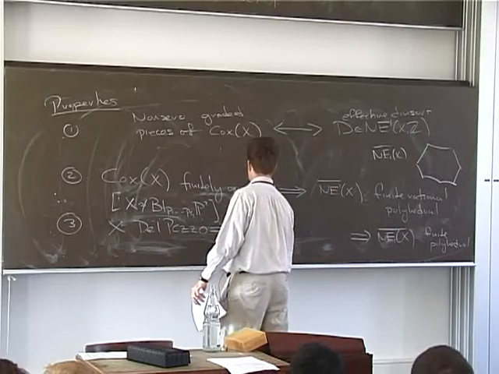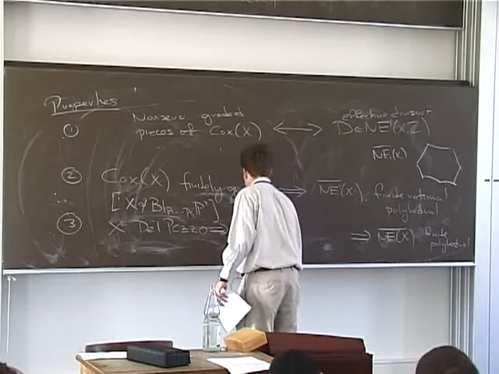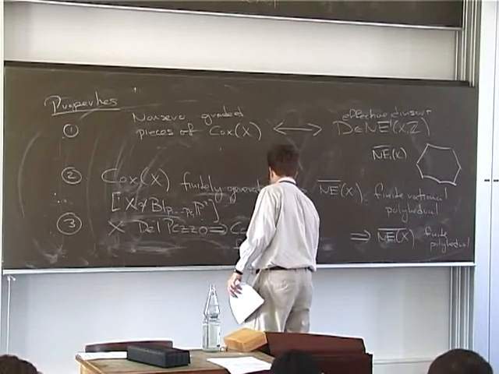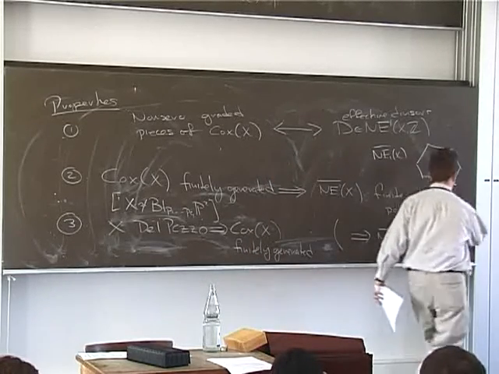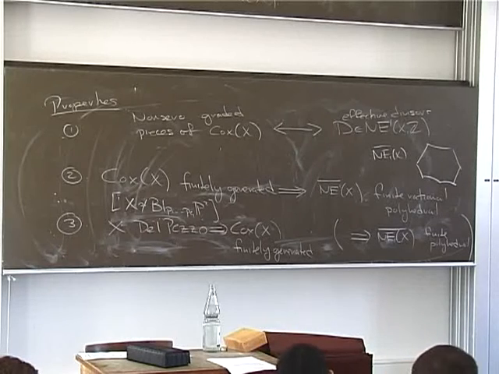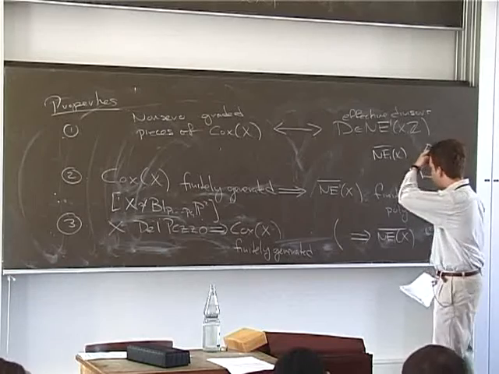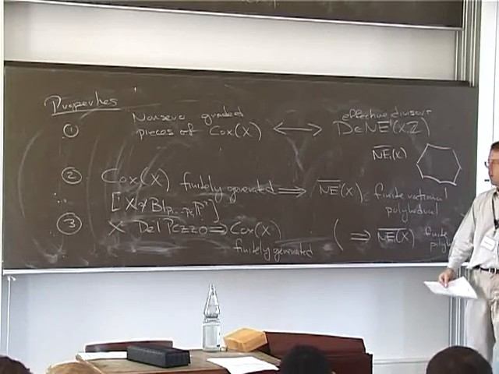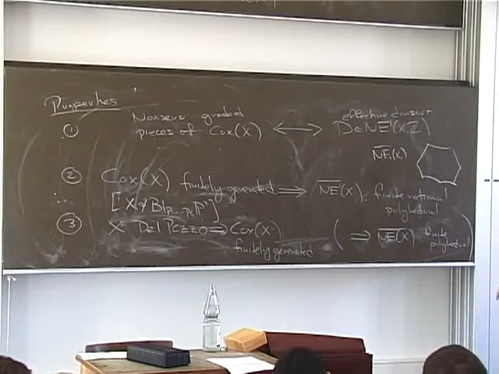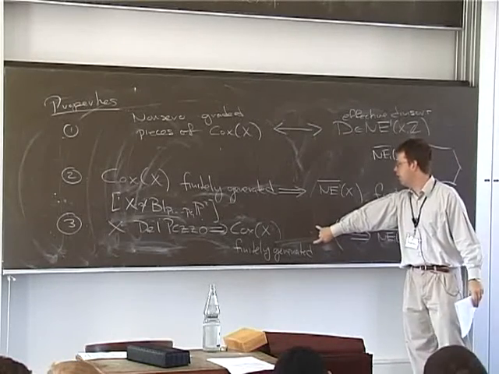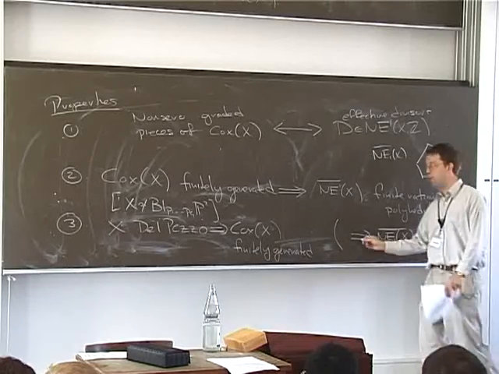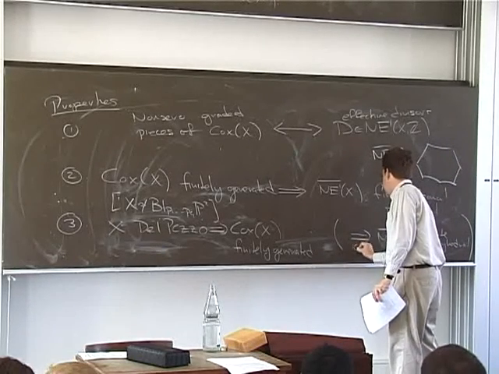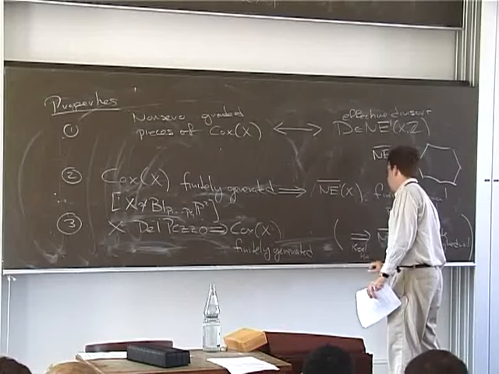So this implies that Cox X is finitely generated. And that in turn implies that it's finite, polyhedral. Yeah, I'm playing fast and loose with the ones because I have a surface. Although this implication that the Cox ring being finitely generated does actually imply that this is finite polyhedral, this implication in general is a theorem of Hu and Keel in arbitrary dimensions.